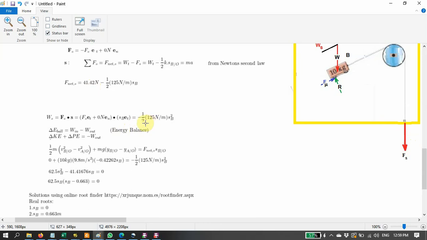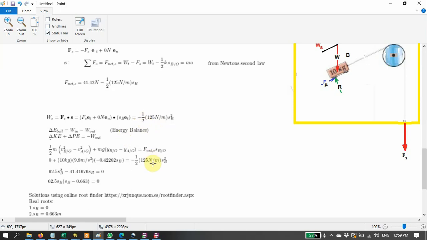Yes. Because this is the work done by the body to deform the spring, so we have negative there, right?